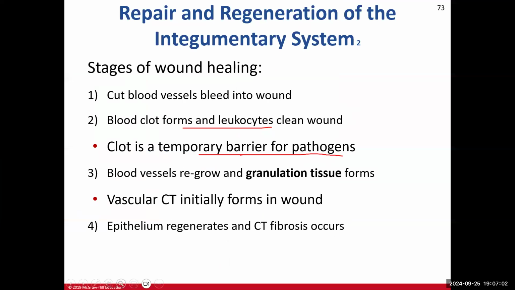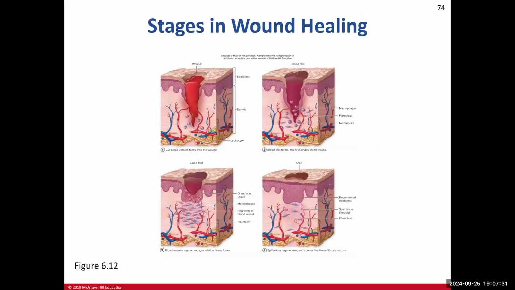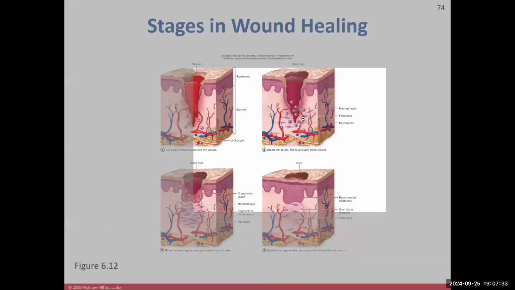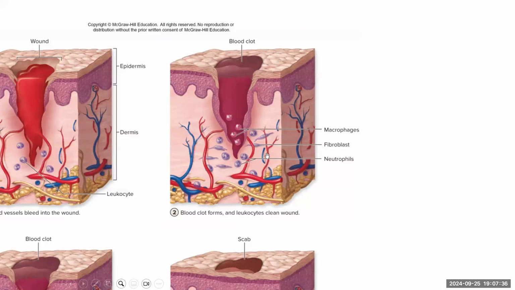All right, so the third step is we damage blood vessels, so we got to fix those blood vessels, and we need to regrow the blood vessels. So some of the cells in the area start to produce these chemicals that stimulate that blood vessel regrowth. And then we're going to start to form our early form of scar tissue, what we call granulation tissue. Because if you glanced at this slide when we were in phase 2, we saw macrophages, neutrophils, and guess what?